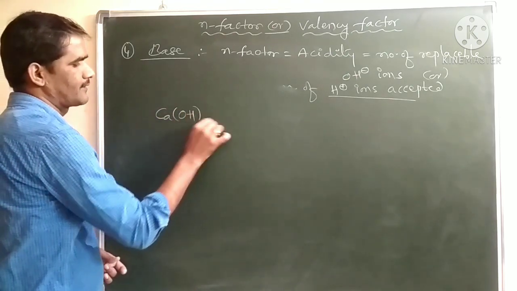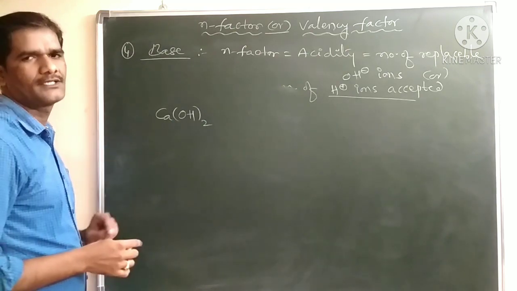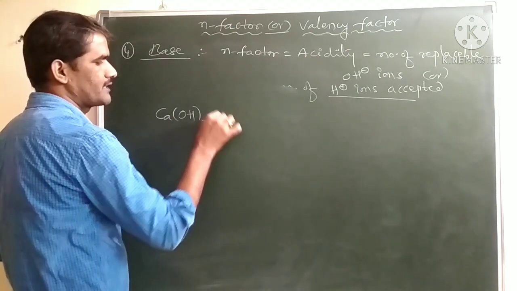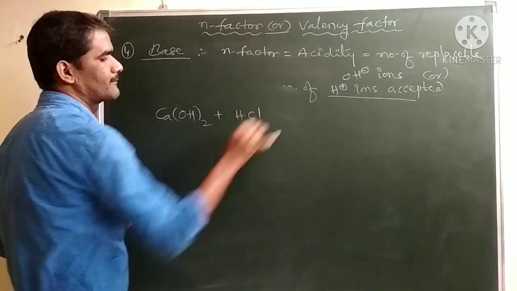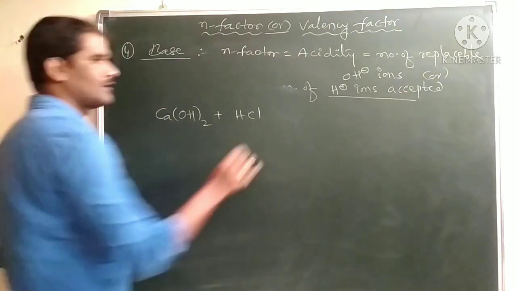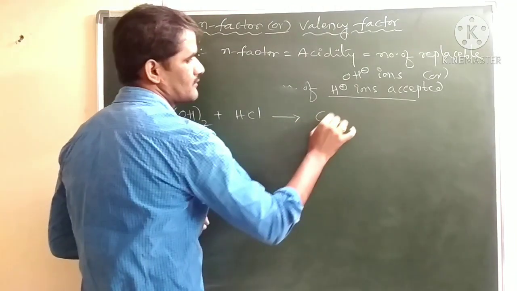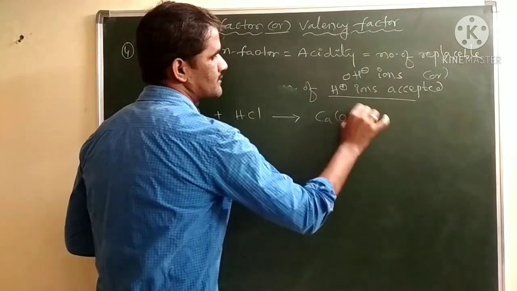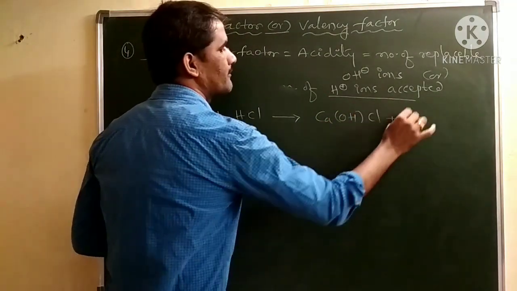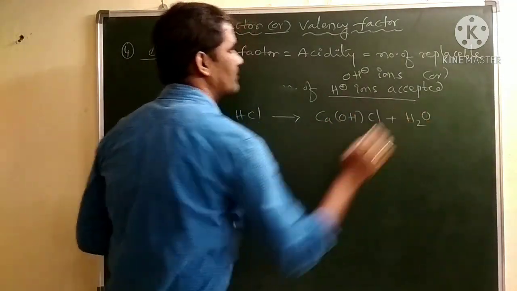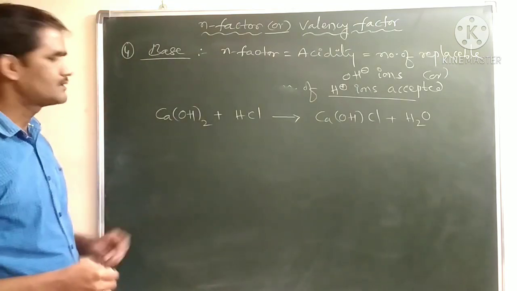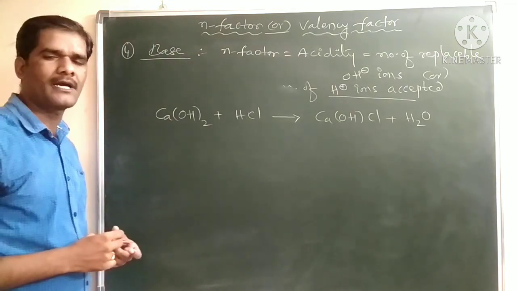Calcium hydroxide. 1 mole of calcium hydroxide is treated with 1 mole of HCl. Then you will get CaOHCl plus H2O. Now see, generally what is the N factor for calcium hydroxide?